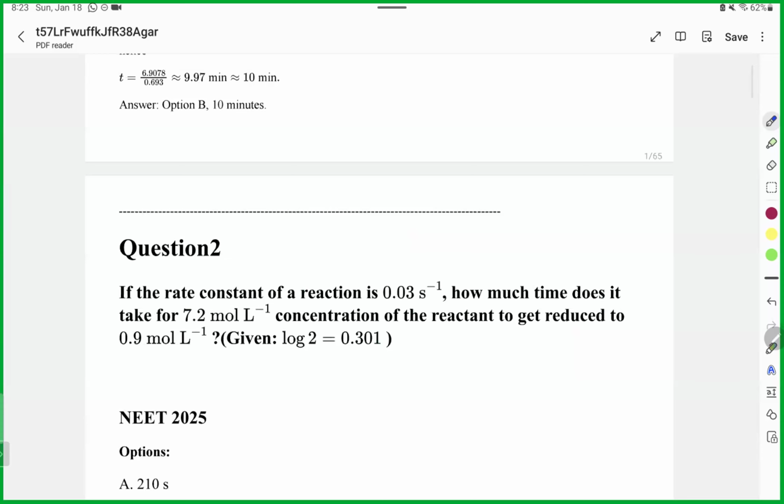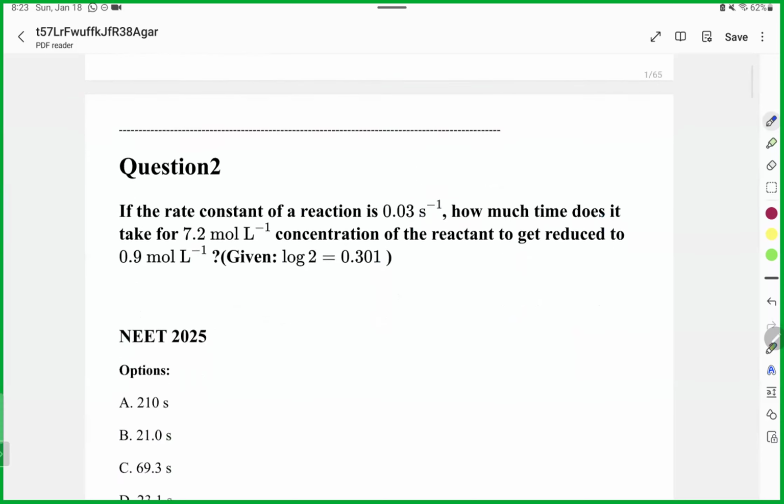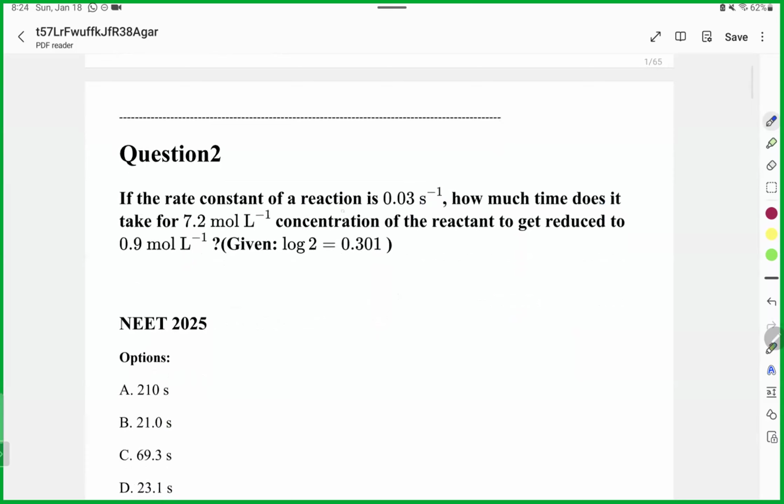If you don't have any doubt, we can solve this question also. Sarah, the rate constant is this. Tell me, based on the rate constant value, what is the order of this reaction? Sarah, what is the order of the reaction? First, how do you know? Based on the unit, per second. How much time does it take for the concentration of reactant to reduce to this final value? Initial is not this, this is final.